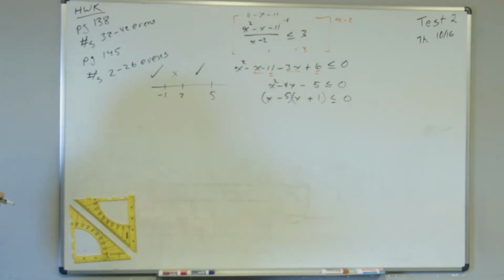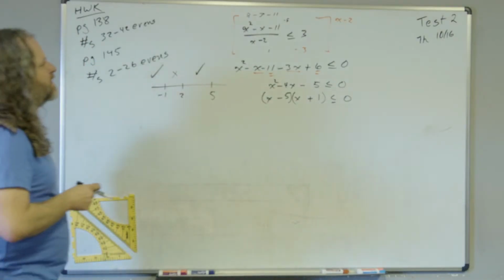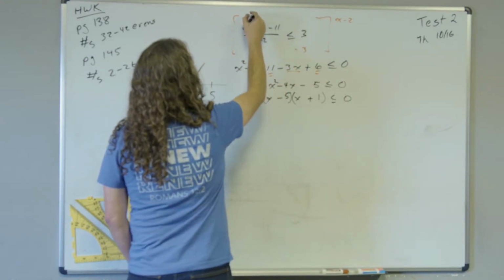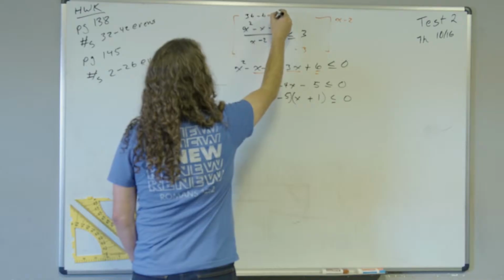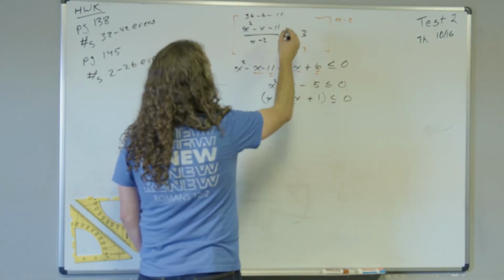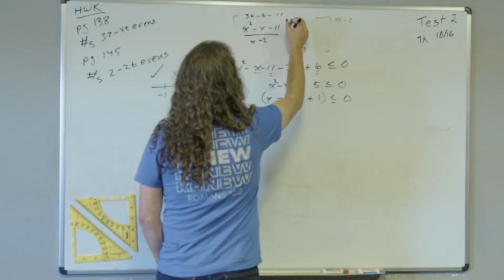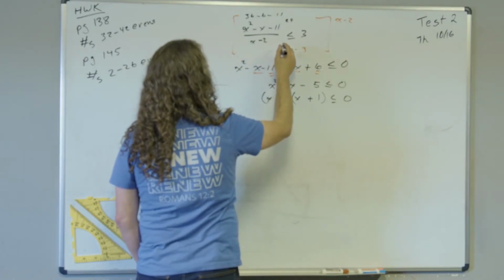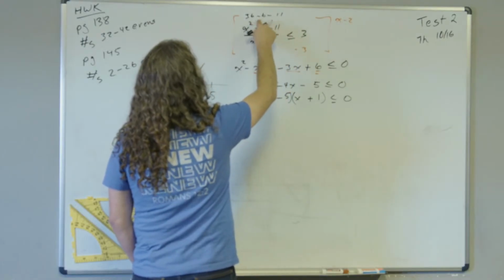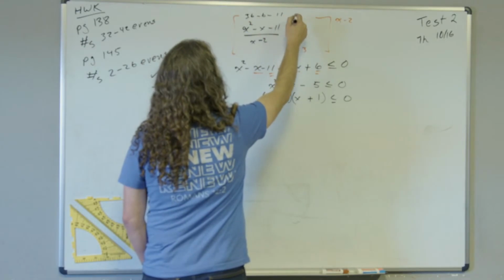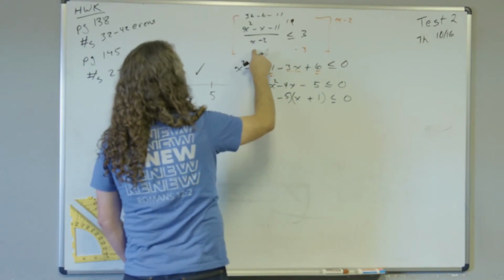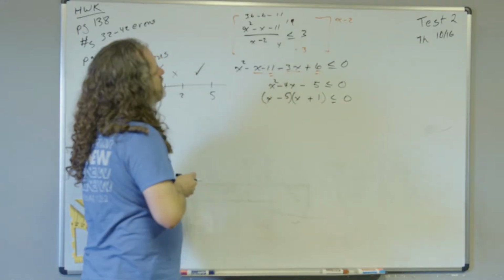Does work. Plug a 6 in there. 36 minus 6 minus 11. So it's 30 minus 11, which is 19. 19 over 6 minus 2, so over 4.